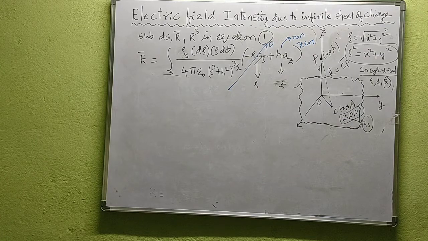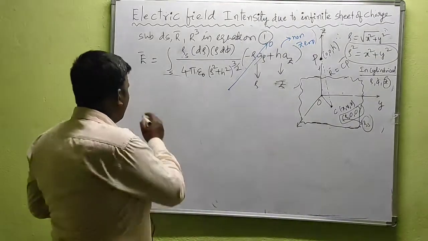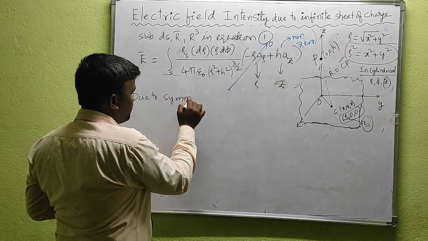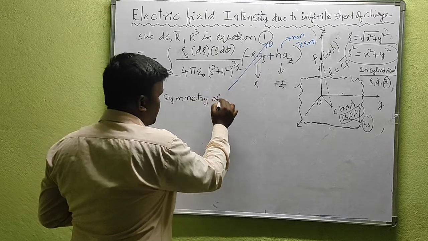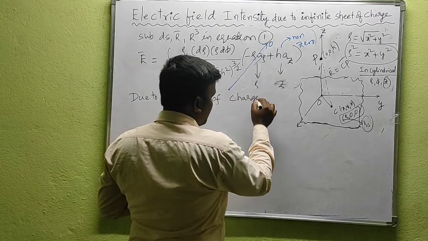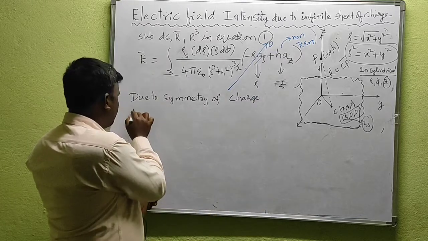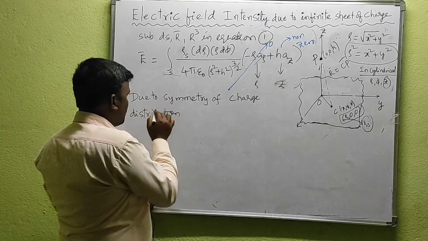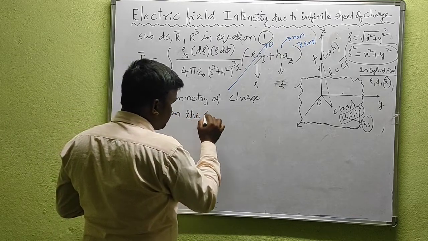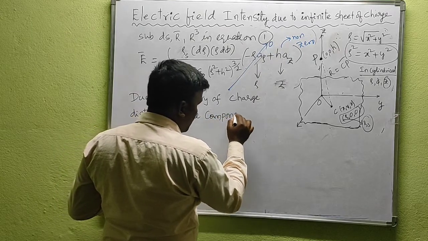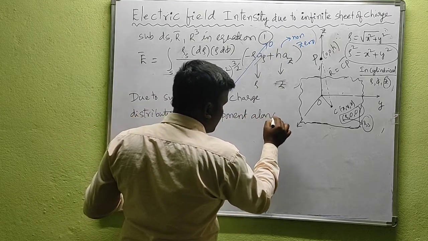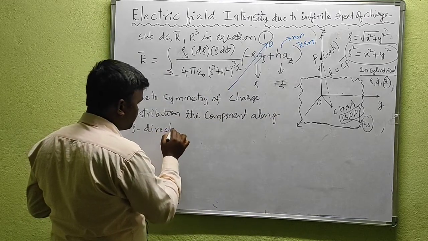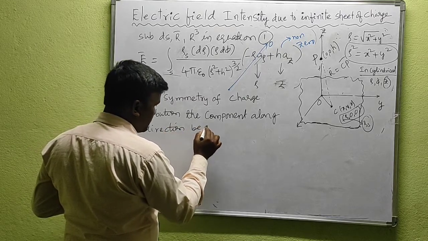Due to symmetry of charge distribution, the component along the rho direction becomes 0.